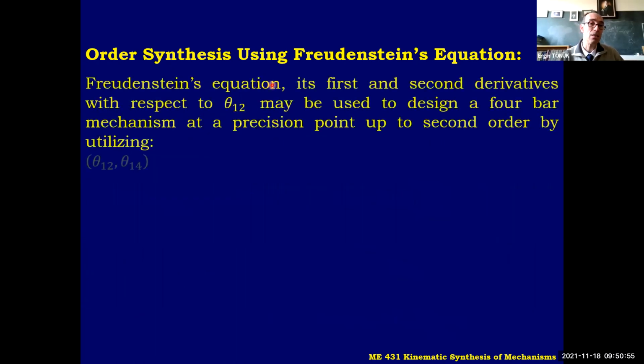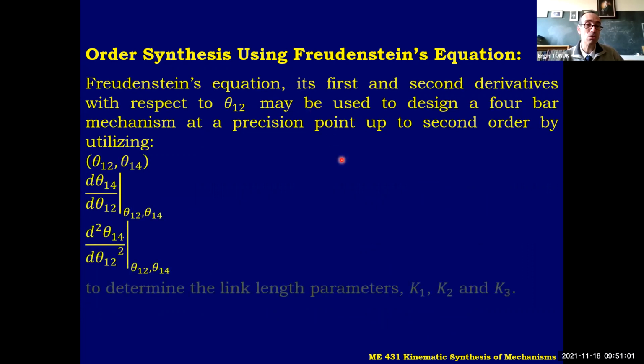So Freudenstein's equation with its first and second time derivatives can be used to design a 4-bar at a single position with a specified rate and second rate. And we can determine the link lengths for those.